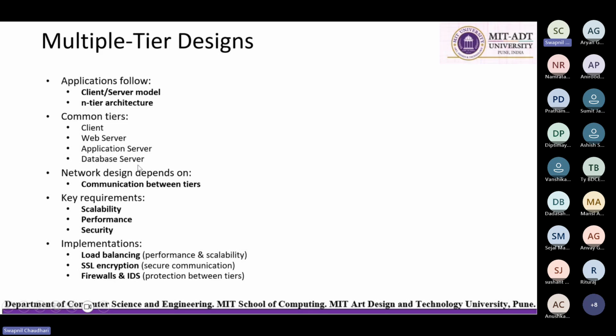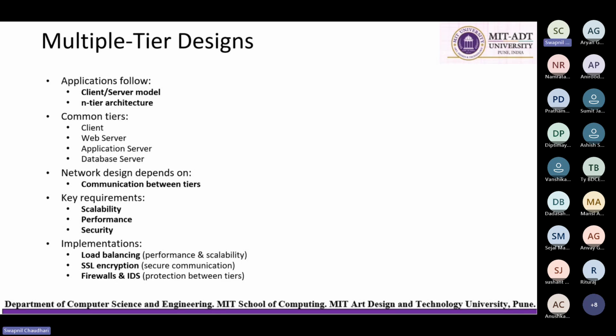The common tiers in a data center typically include the client, meaning user devices with browsers and apps. The web server handles user requests, generally where we have the landing page of websites and applications.